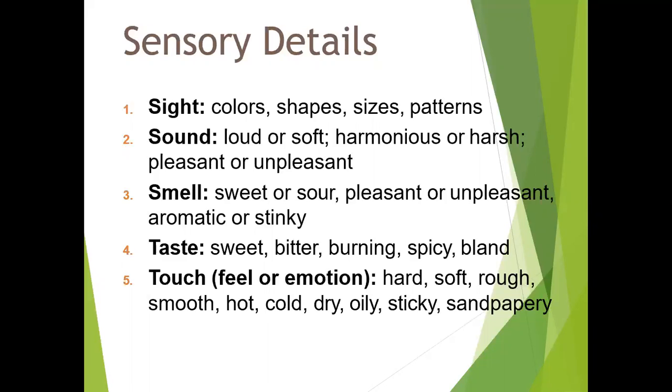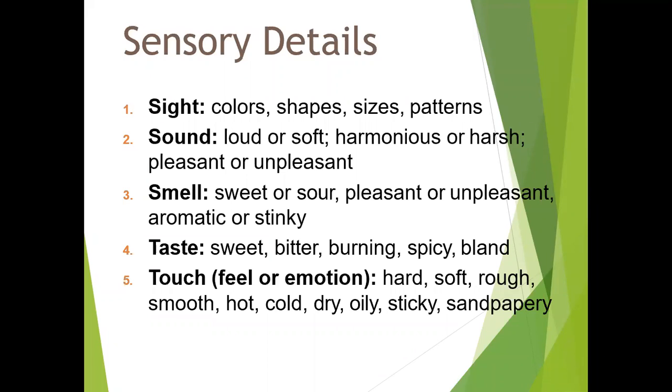Talking about the looks of something, or even when you are describing a place, you will describe it by looking around at how it looks, describing a home, anything. Then sound: it is loud or soft, harmonious or harsh, pleasant or unpleasant. Then smell: sweet or sour. Like we can say the smell of a lemon is sour.